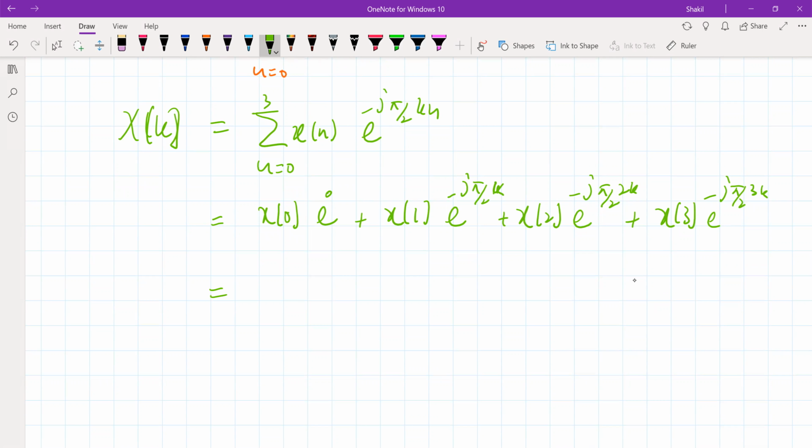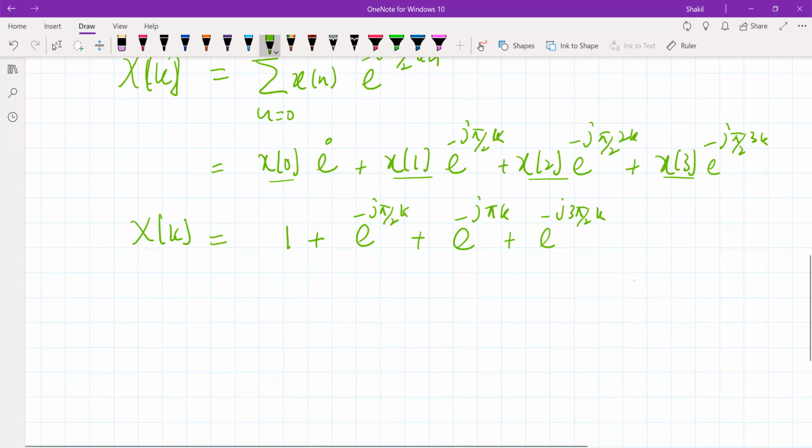So substituting the values of x of 0, x of 1, x of 2, and x of 3, all these values are 1. So e raised to 0 is 1, so it will be 1 plus e to the power of minus j pi by 2 k plus e to the power of minus j pi k, because pi by 2 and 2 cancel, plus e to the power of minus j 3 pi by 2 k, right? So this is our x of k.